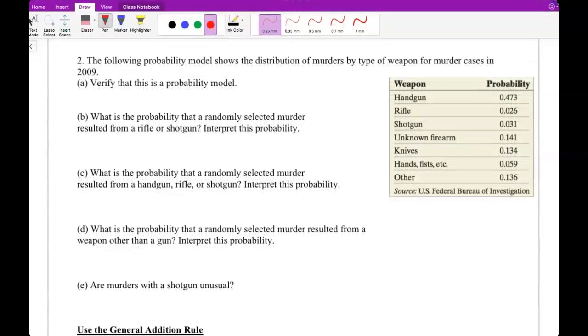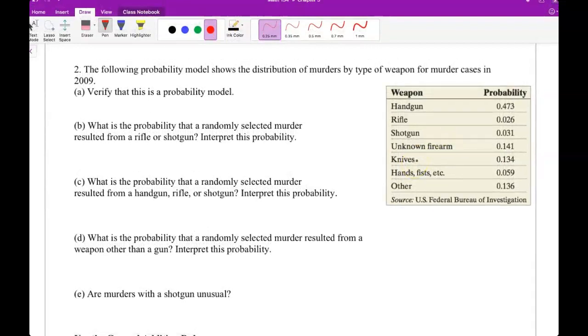Now number 2. The following probability model shows the distribution of murders by type of weapon for murder cases in 2009. Part A: verify that this is a probability model. What that means is each one of these probabilities should be between 0 and 1, and adding all these, we should have the total equal to 1.